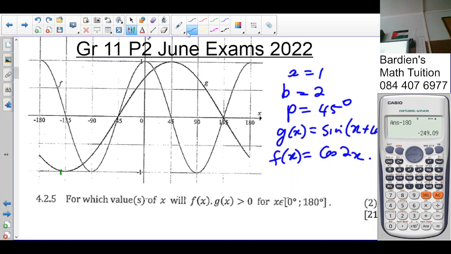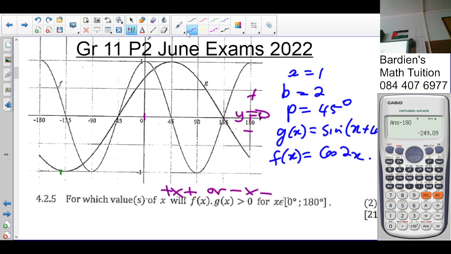It must be positive. Not so. When is something positive when you multiply? Is where both are positive or both are negative. Not so. When is something positive is when it's above this line, and when it's negative it's below the line. Okay. So it's only from 0 to 180. That's all we're looking for. Okay? From 0 to 180.